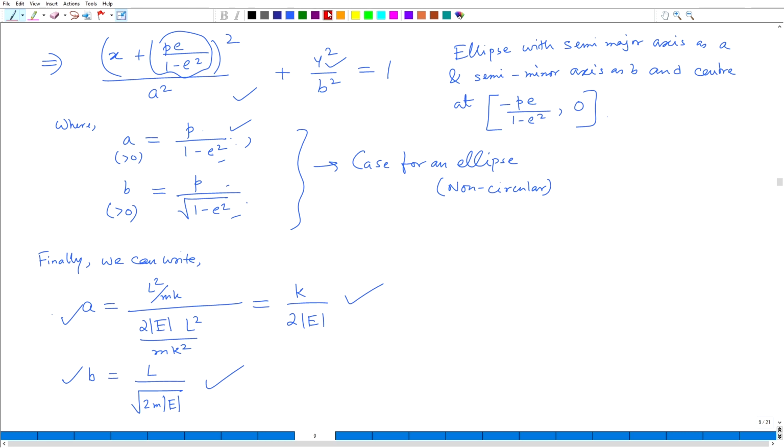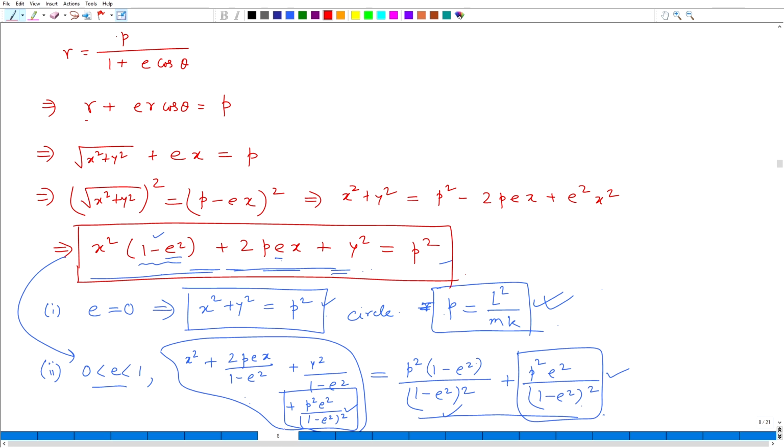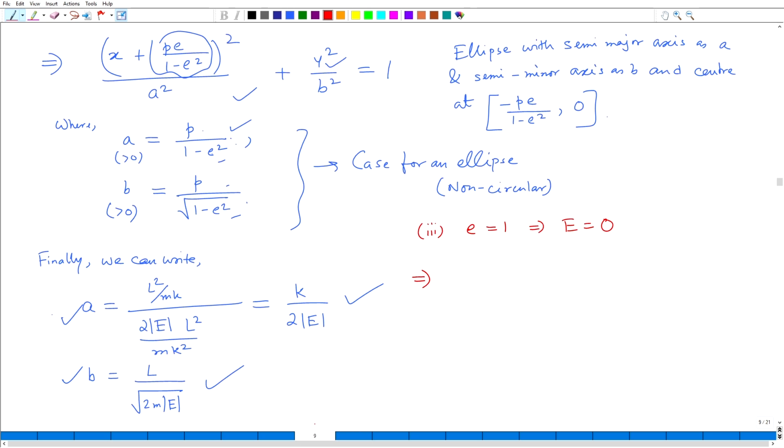The task for you will be to check. I can also do the case for parabola; that is also not very difficult. So e is equal to 1 and that is, the total energy is equal to 0. You will see that this parent equation reduces to y square is equal to p square minus 2 p x, which is nothing but minus 2 p times x minus p by 2.